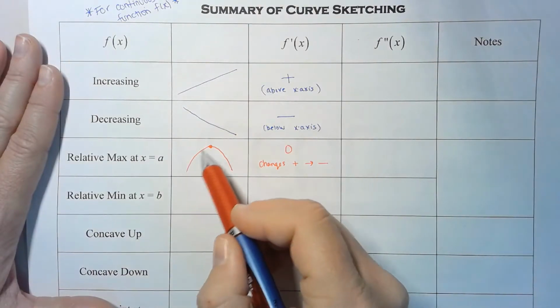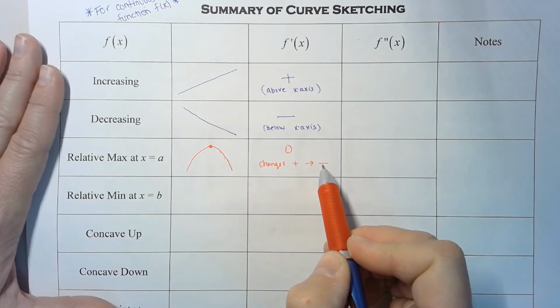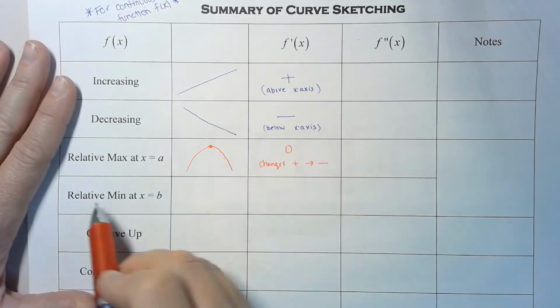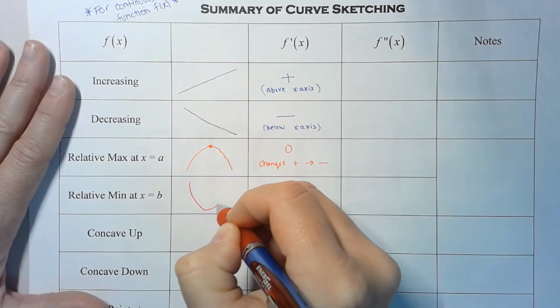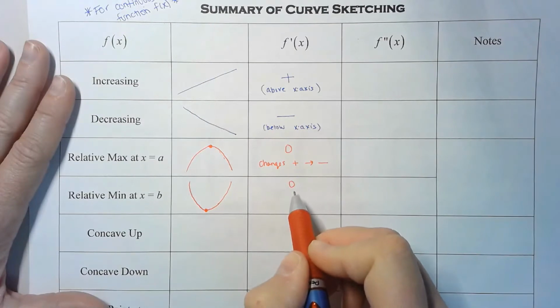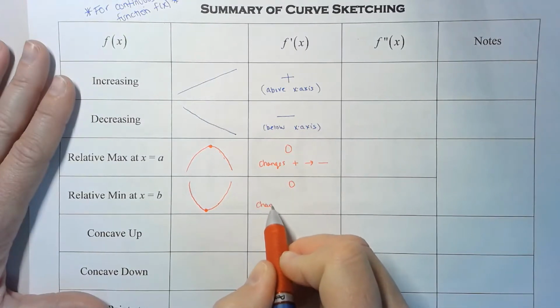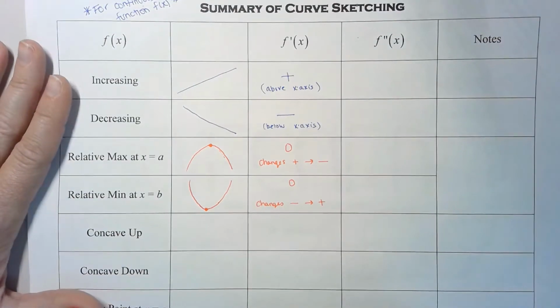The graph is going up, then going down, so the slope is positive, then negative. If we have a relative minimum, going down, then going up, the slope is still 0, but the derivative changes from negative to positive.